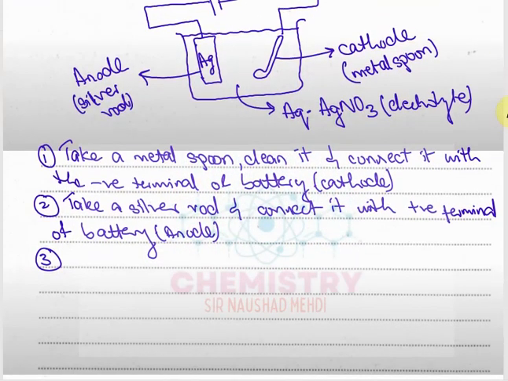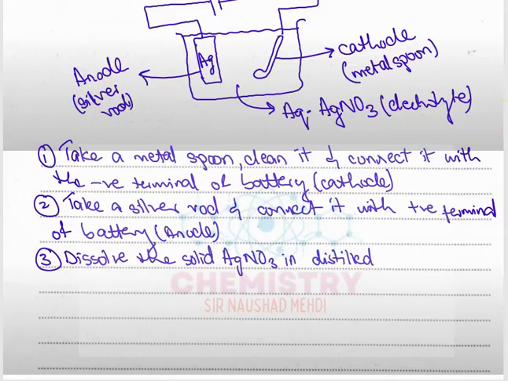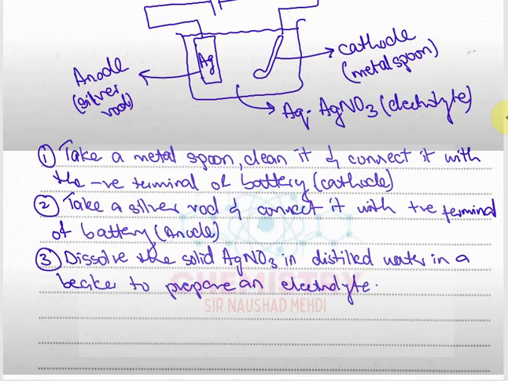So you will dissolve the solid silver nitrate, AgNO3, in distilled water in a beaker to prepare an electrolyte.